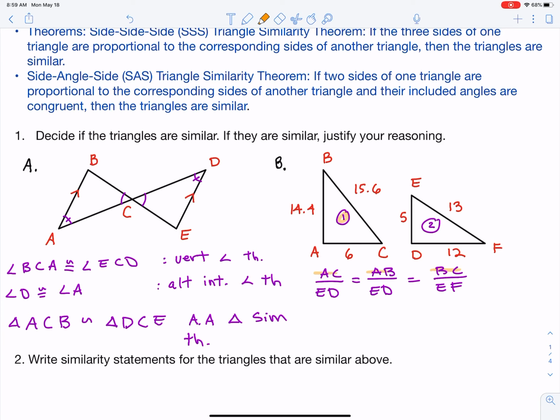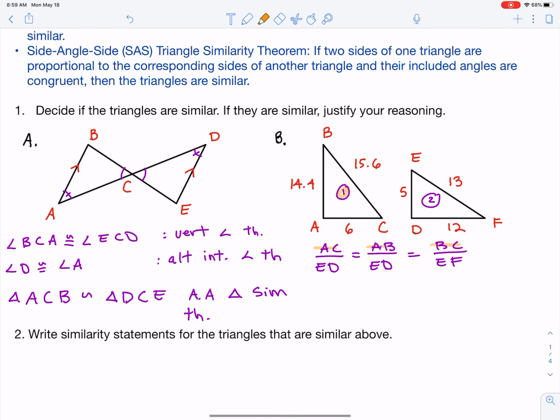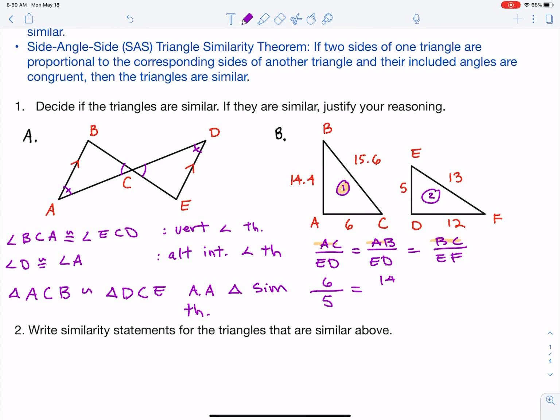Okay, let's continue here. So let's put in some numbers. So AC is 6. ED is, what is ED? 5. Okay. AB is 14.4. And ED, I said ED again.